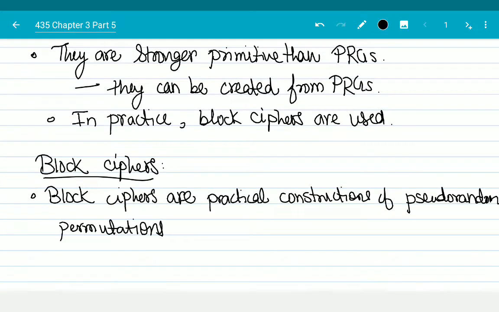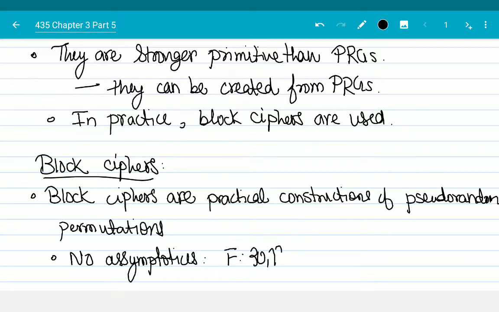And we don't have the asymptotic length, so no asymptotics. The function f from {0,1}^n.